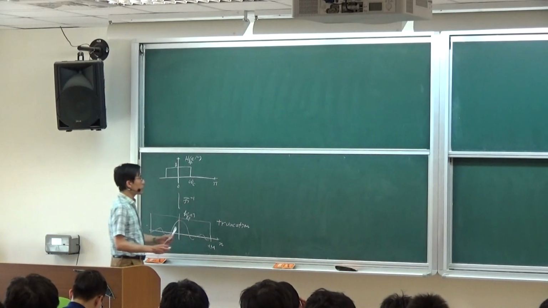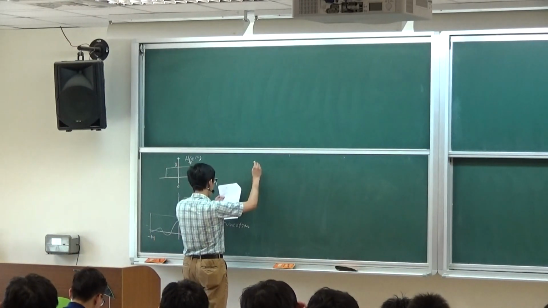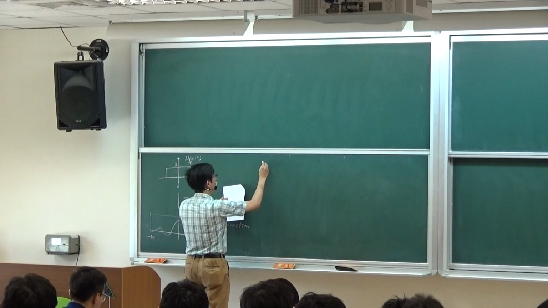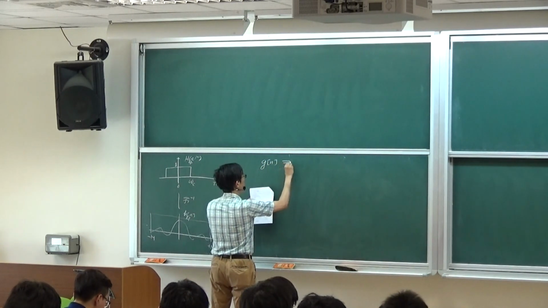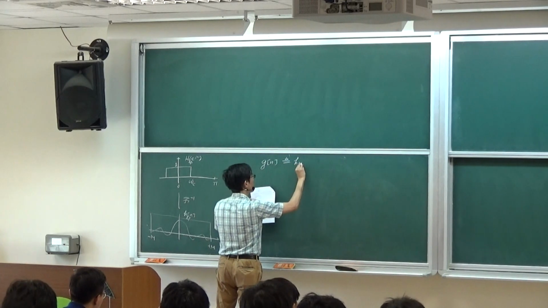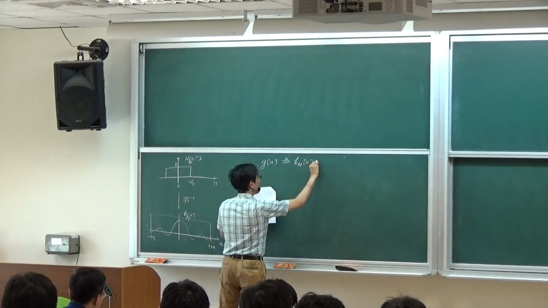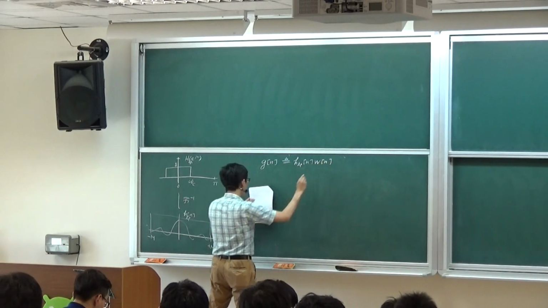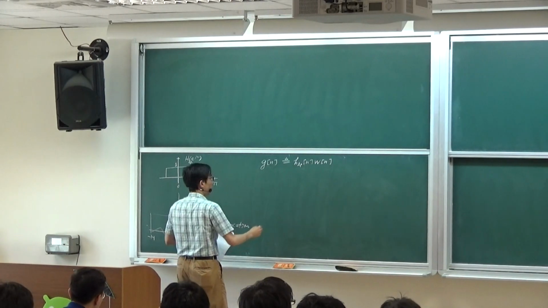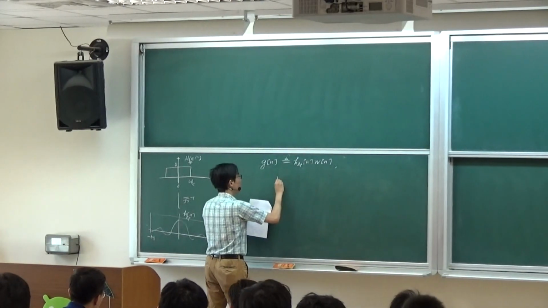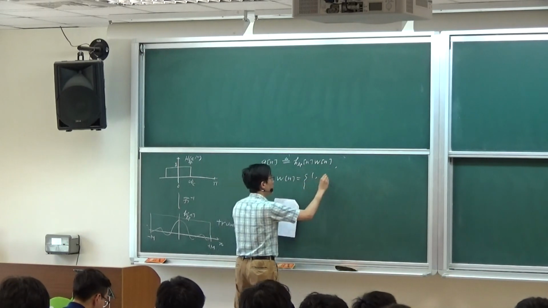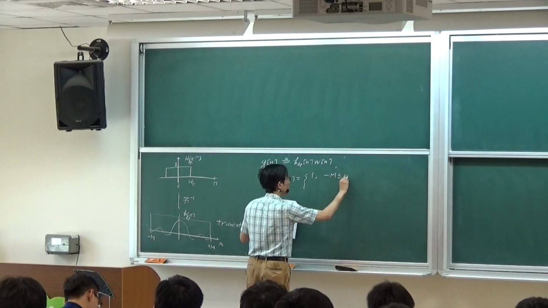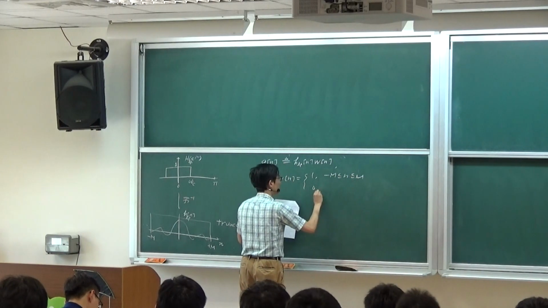The truncation can be expressed as a product: we have designed g of n. This g of n is defined as the ideal response times a window function. Here we have an example of using the rectangular window, which takes the value 1 from minus n to n, and 0 elsewhere.